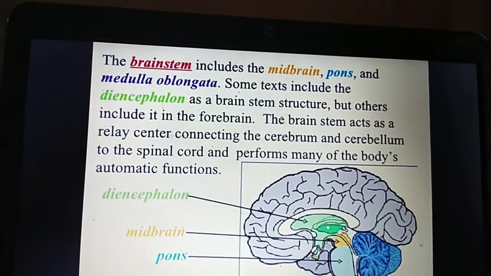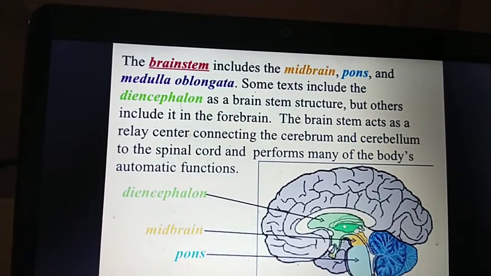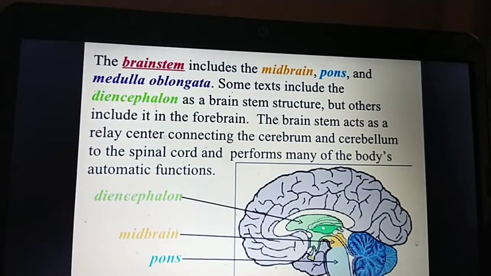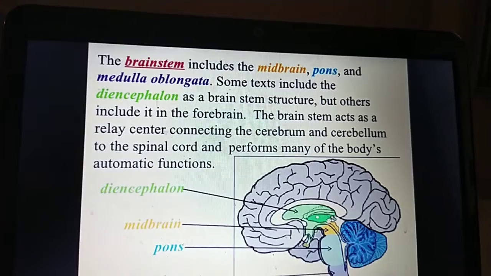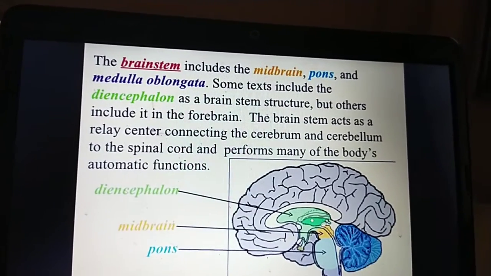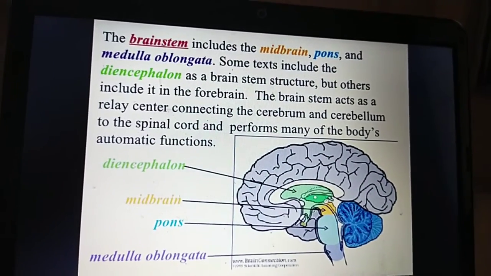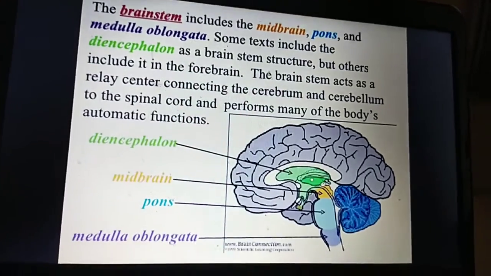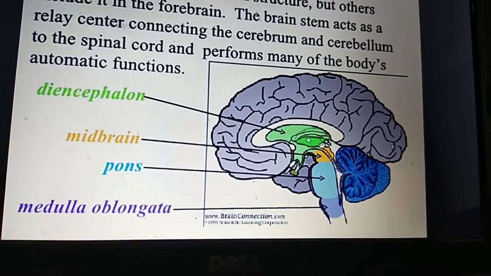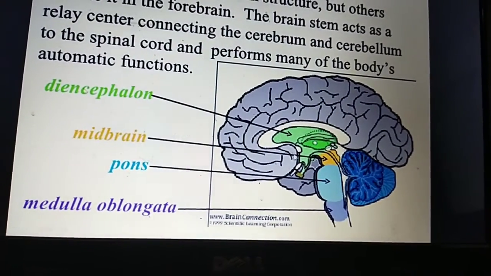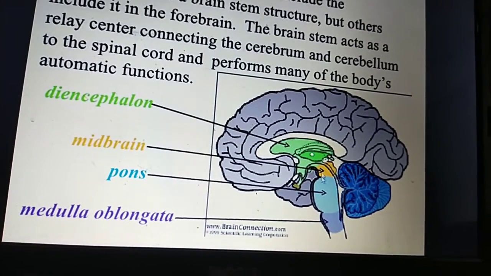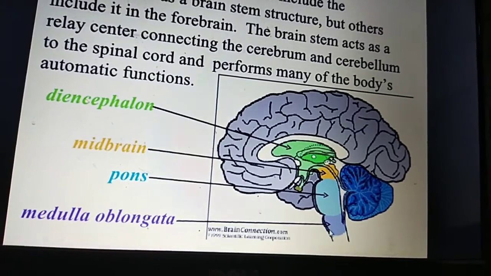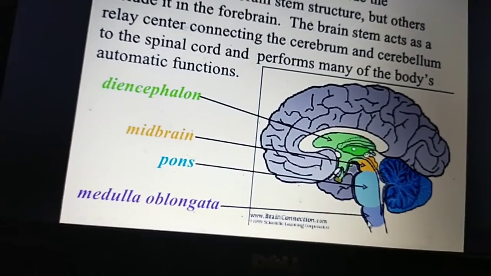The brainstem acts as the relay center connecting the cerebrum and cerebellum to the spinal cord and performs many of the body's automatic functions. This is the diencephalon, you can say thalamus or hypothalamus, and this is the midbrain, the pons, and the medulla oblongata.